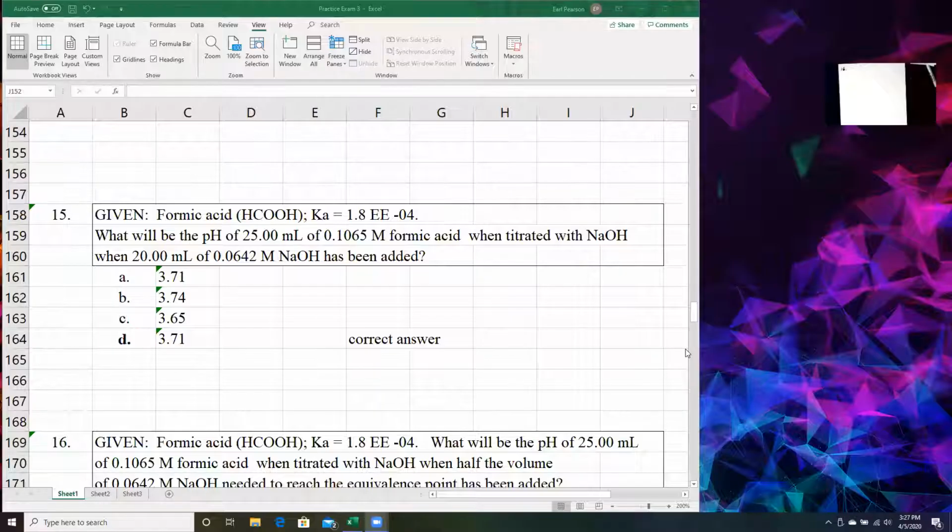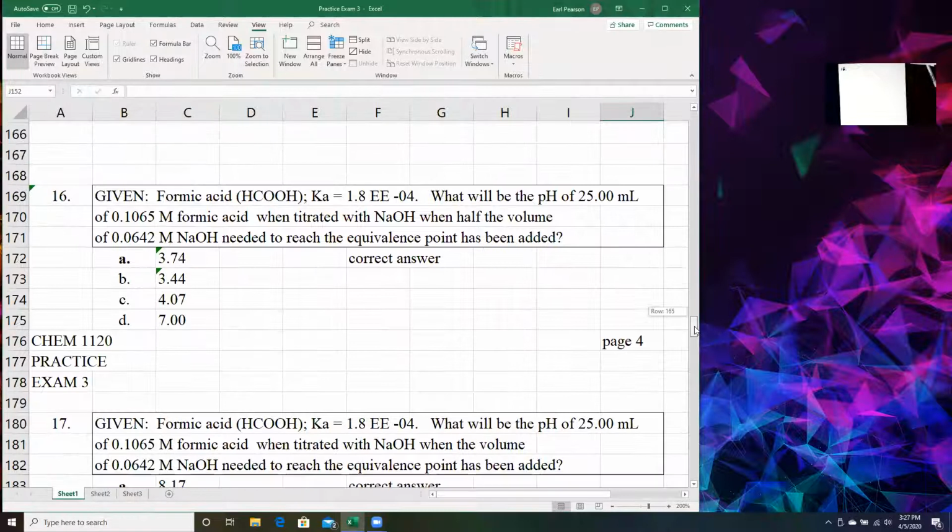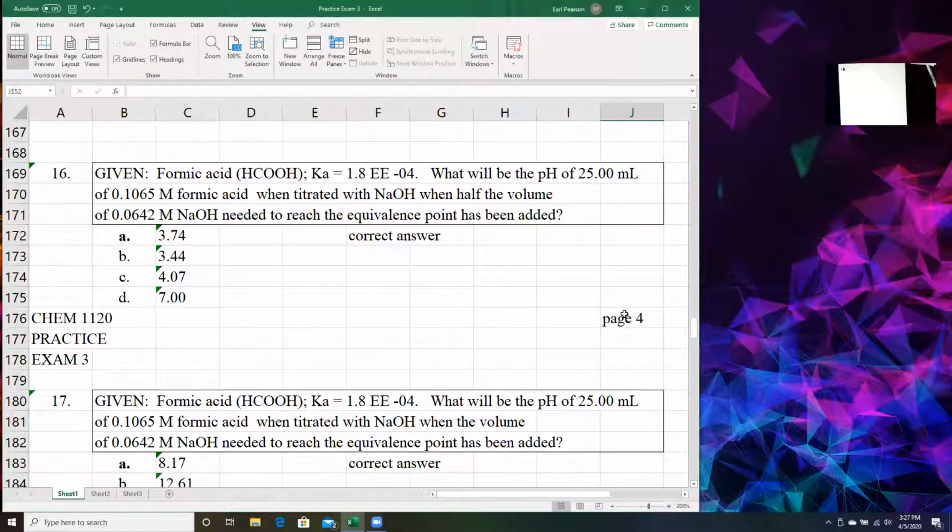Let's do number 16. I need to put it where you can see it. So I'll share it with you. And we're back. Number 16. Given formic acid, what will be the pH when 25 milliliters of that is titrated when half the volume of NaOH to reach the equivalent point has been added?